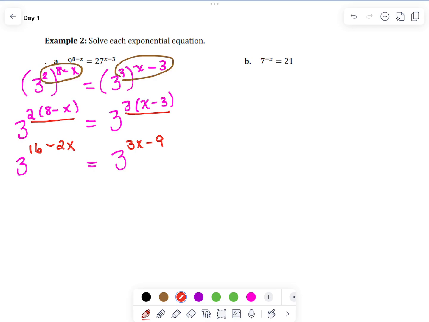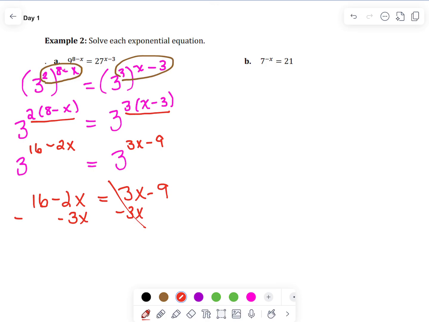Now notice that these exponentials are the same base. So then we can go ahead and use our one-to-one property, and we just focus on the exponents. We just set the exponents equal to each other. And then we solve them for x. So I'm going to subtract 3x from both sides. So 3x is gone on the right.